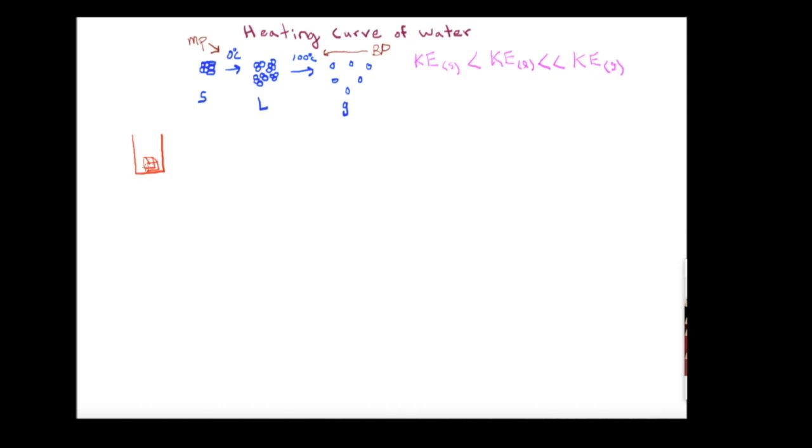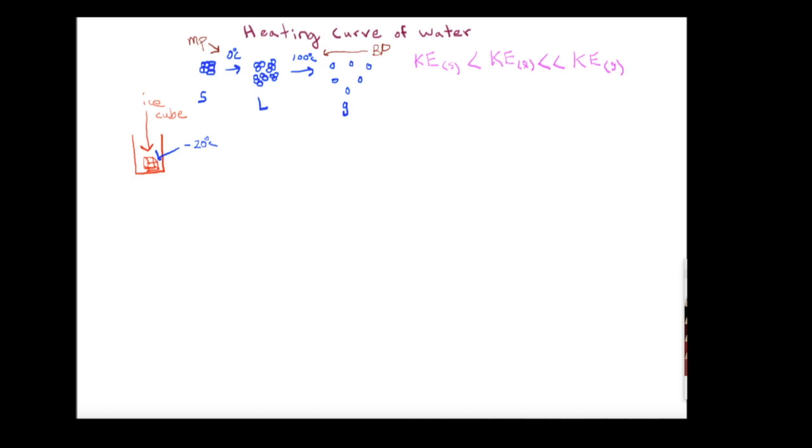Now, most freezers are going to maintain a temperature of minus 20 degrees centigrade. The reason I know this is because I put a thermometer in my freezer just to see what the temperature was. Admittedly, I did this a while ago, but the freezer is going to maintain a temperature of about minus 20. So the ice cube is coming out of the freezer at minus 20 degrees centigrade.